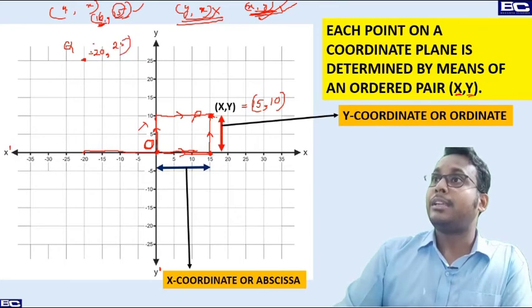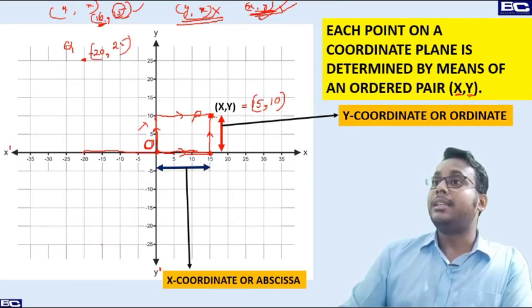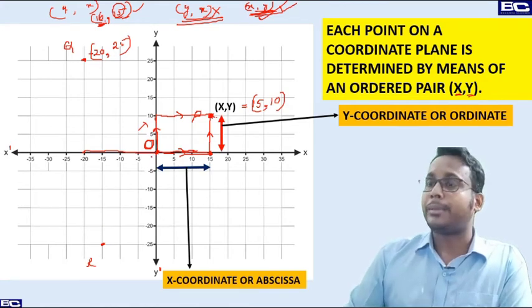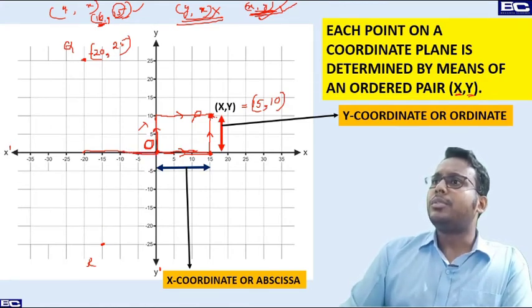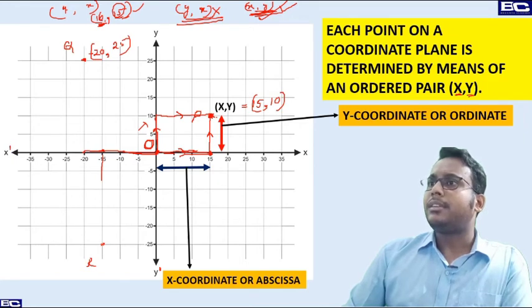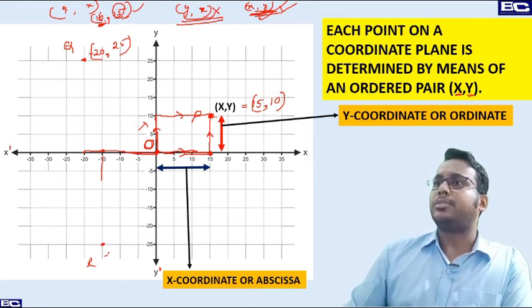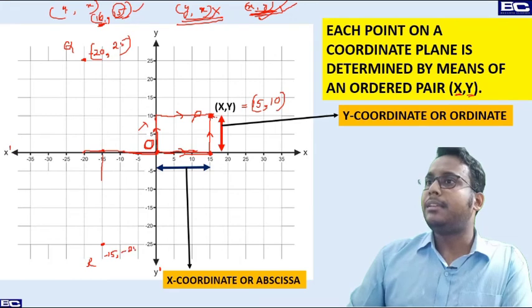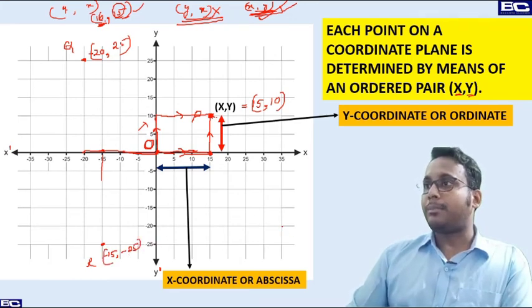Similarly, let's imagine this particular point is the point R. What is the coordinate of the R point? You need to go along the x-axis up to minus 15, and then through the y-axis up to minus 25. So it is (minus 15, minus 25). This is the coordinate of the R point.